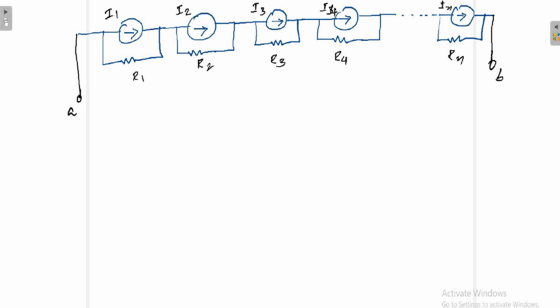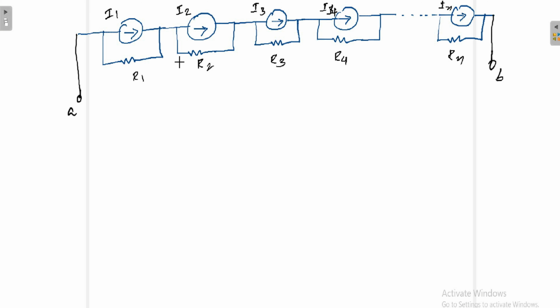For a voltage source we consider it in series with the resistance, and the combination is in parallel. But here, the current sources I1, I2, I3, I4 through In are in parallel with the resistances R1, R2, R3, R4 through Rn in series.